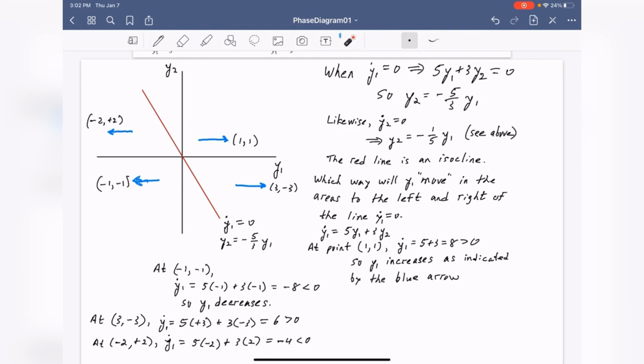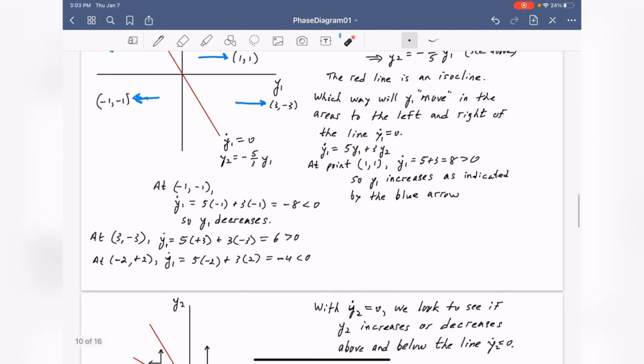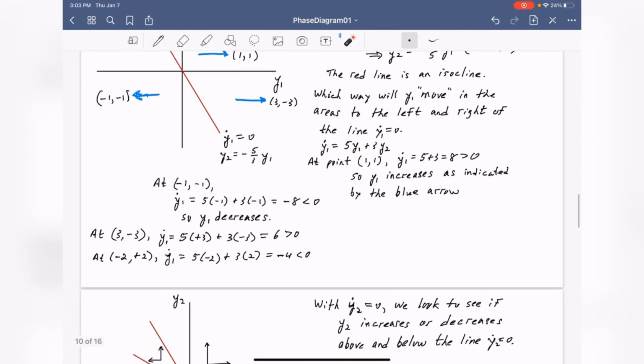If we look at the point (3, -3), then we find that y1 dot is 6, and it's greater than 0. So at 3 on the positive axis and minus 3, the arrow of motion over time is to the right. And if we pick the point (-2, 2), we get it moving to the left, because when we plug that in, y1 dot is equal to minus 4.